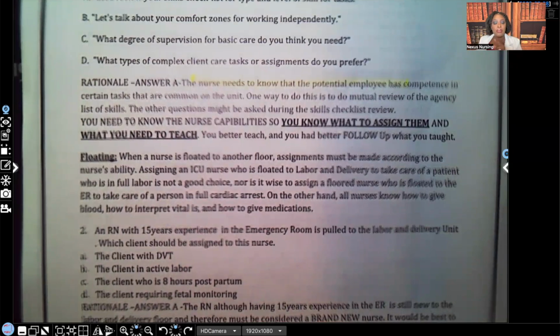And the only exception to this rule, guys, is if you happen to have a patient that matches that nurse's background. If that happens, then yes, you can put those two together. But otherwise, you're always going to give them the most stable patient with the most routine needs, okay?